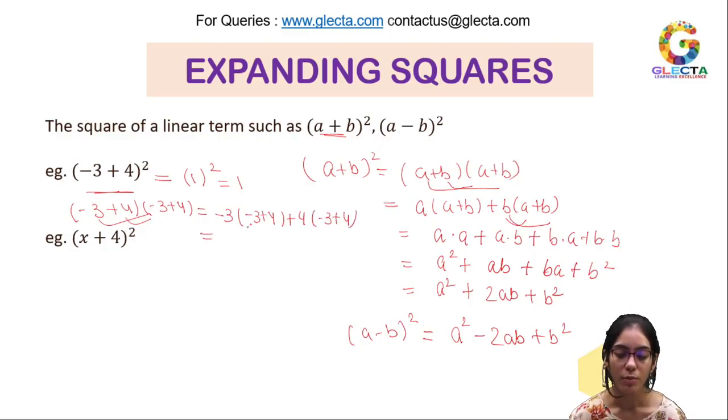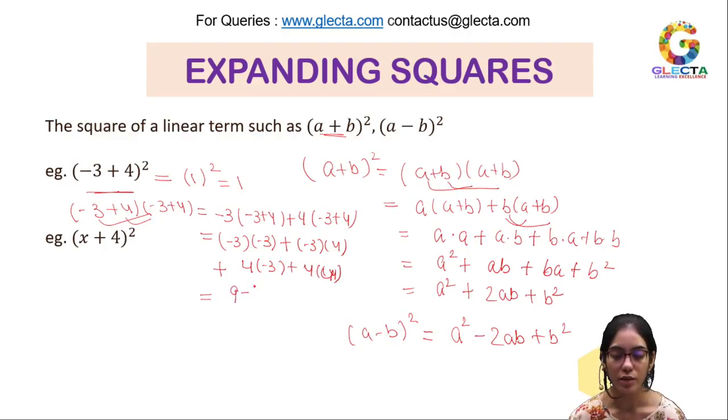So this will be minus 3 into minus 3 plus minus 3 into 4 plus 4 into minus 3 plus 4 into 4. So solving it, you will get 9 minus 12 minus 12 plus 16. This will be equal to 1.